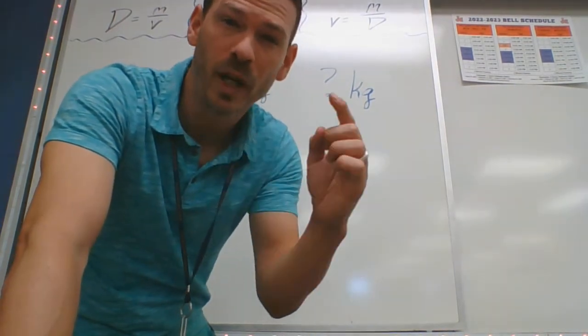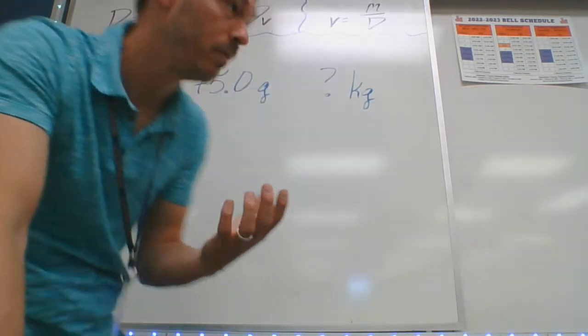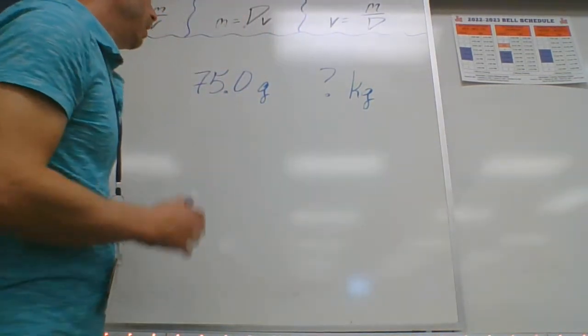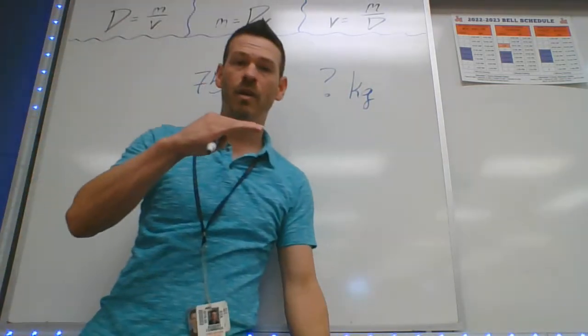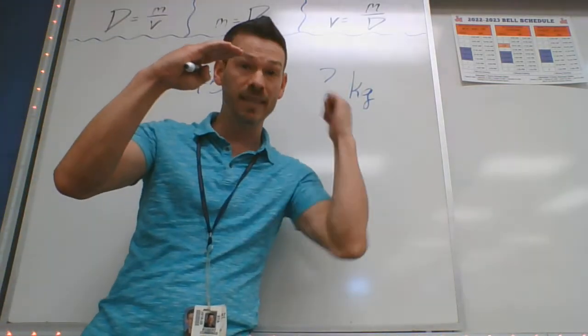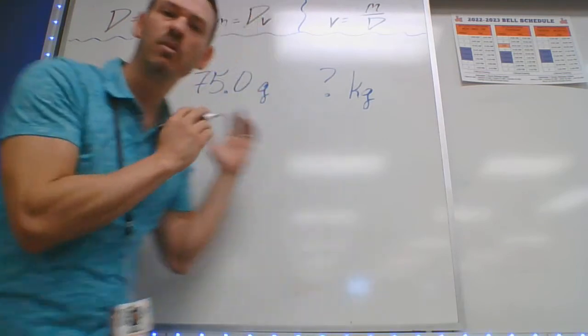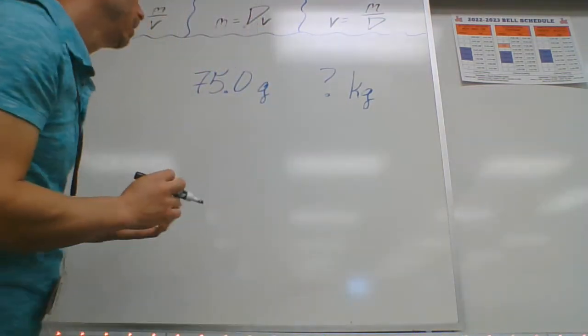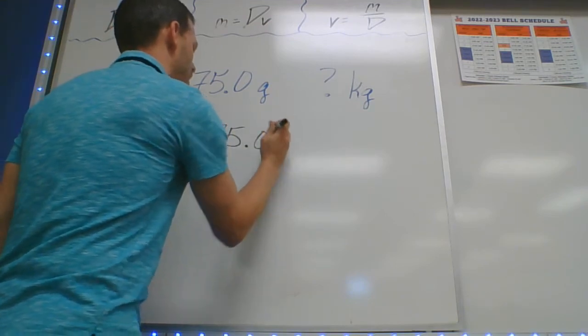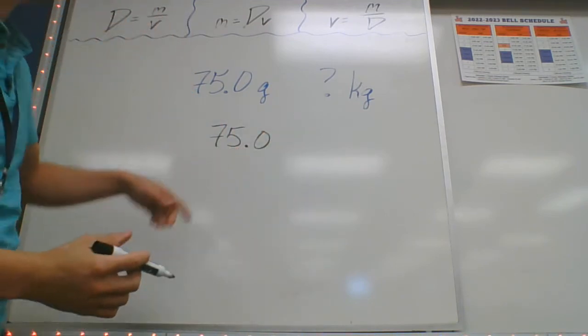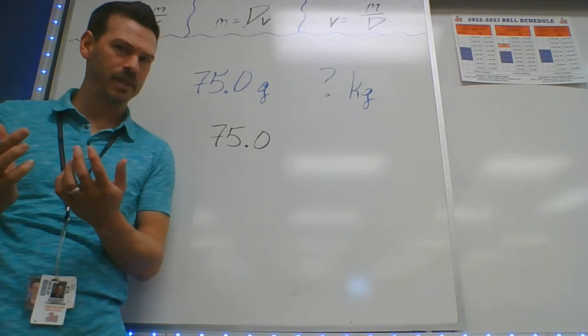That helps you with the direction of which way to slide that decimal. So again, no prefix to kilo, the unit's getting bigger, so I need this number I'm about to finish with to be smaller than it currently is. I've got 75, so to make it smaller, I'm going to slide the decimal that way. The question becomes, how many times?